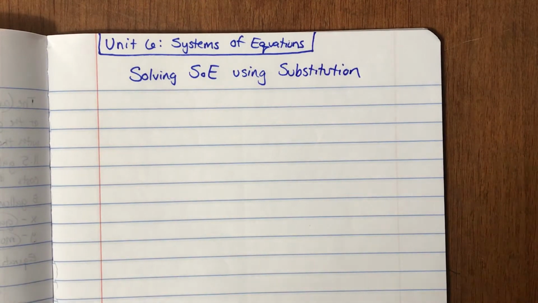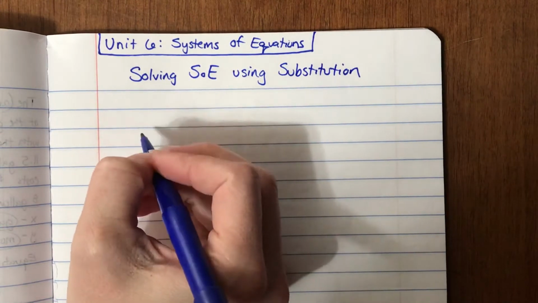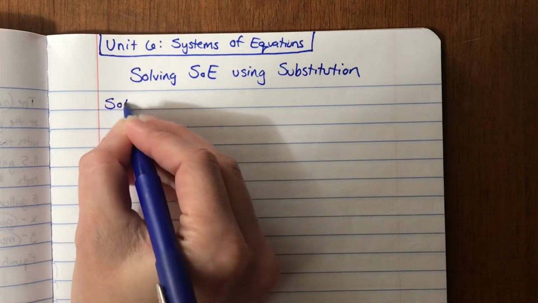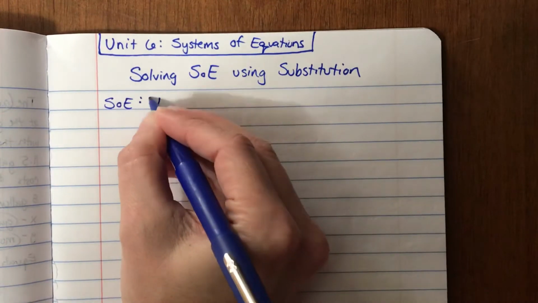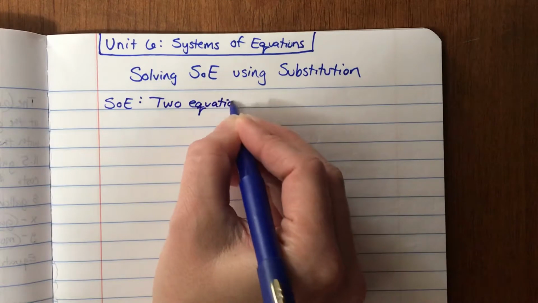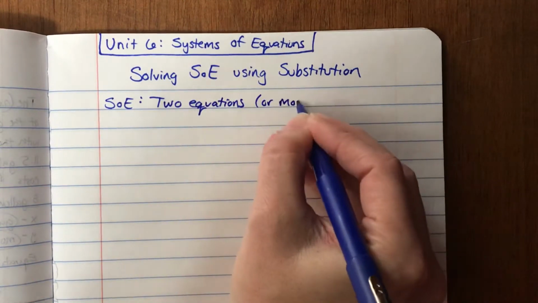A system of equations is just a fancy way of saying two equations. So let's write this down. System of equations, SOE, the definition is two equations or more. We're going to stick with two, but you could have more.